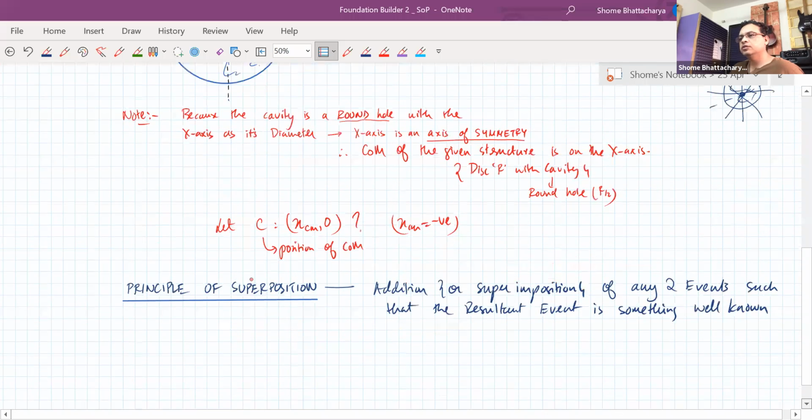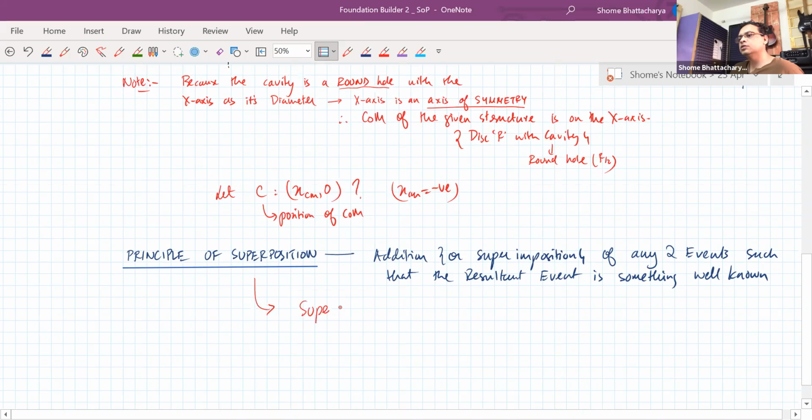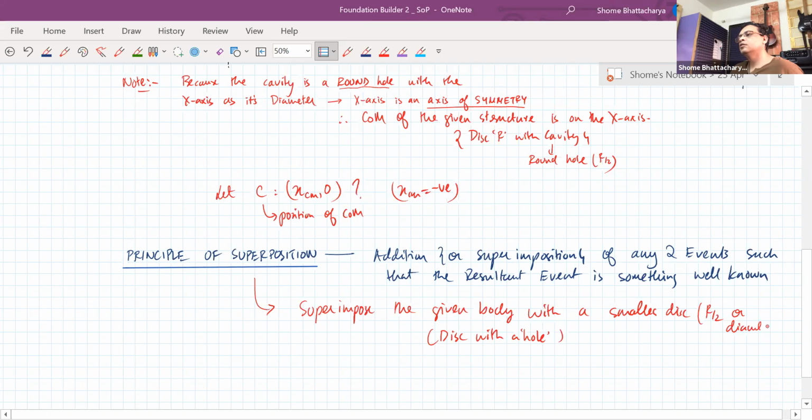So here we will superimpose the given body, which is the disk with the cavity or disk with a hole, with a smaller disk of radius r/2, or diameter OP that I had drawn earlier, to fill the cavity exactly.